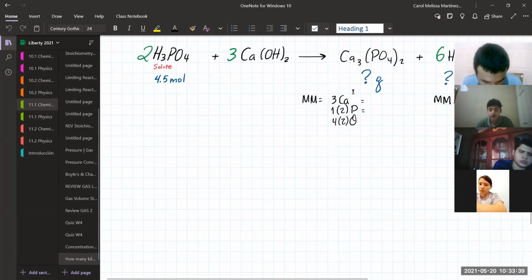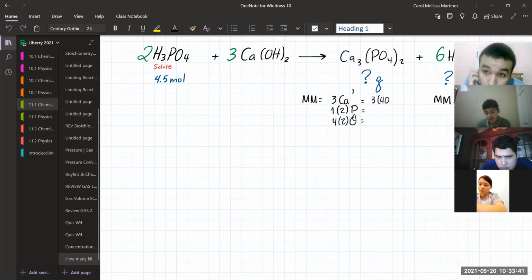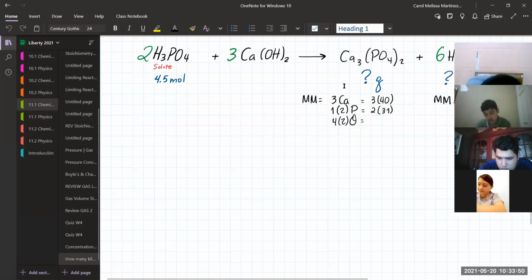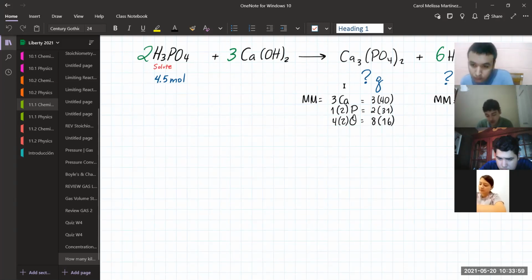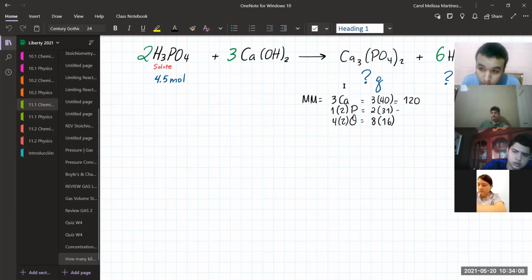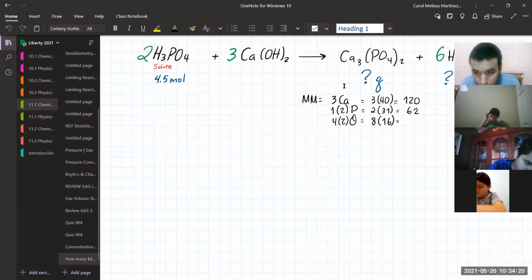So this will be 3 times 40, 2 times 31. Make sure that it is right. I think it's 30.9 something, so 31 rounded. And here is 8 times 16. How much is this? This is 120. This is 62. And this is 128.